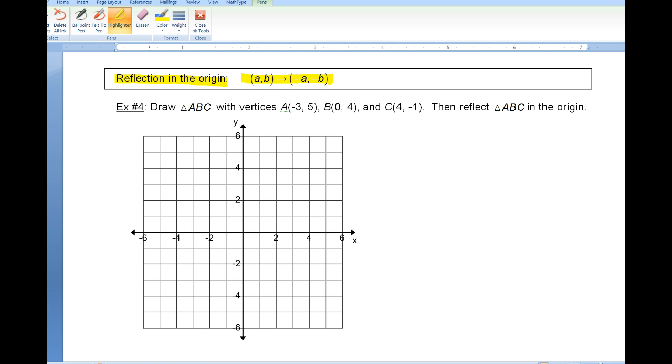It depends on where you start. For example, if I start in quadrant 1, I'm going to go diagonally, so I end up in quadrant 3. If I started in quadrant 4, I'd end up in quadrant 1. These two basically switch across.